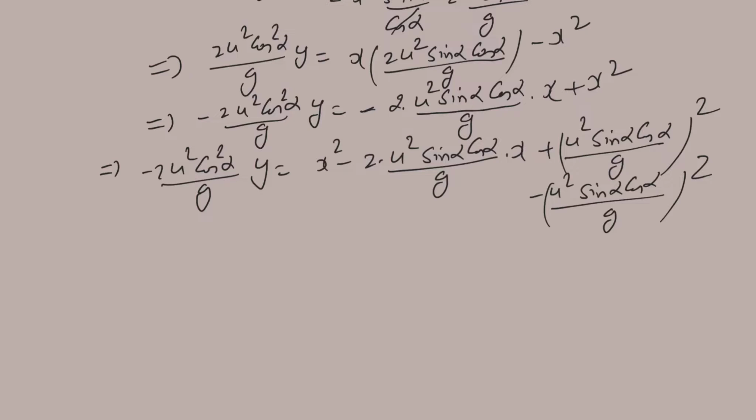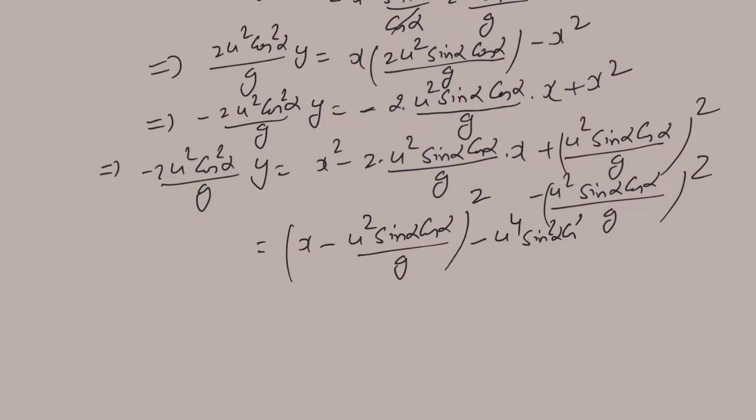Okay, this is further equal to x minus u square sine alpha cos alpha by g whole square minus u4 sine square alpha cos square alpha by g square.